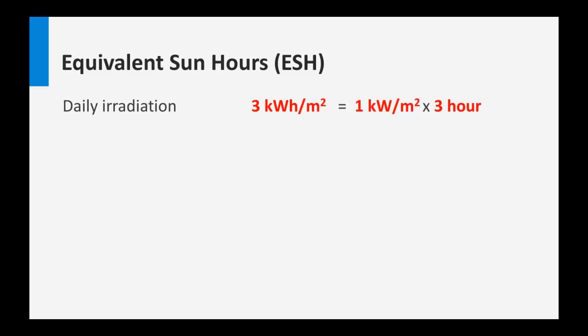So the power is, if we consider again standard test conditions, 1000 watts per square meter or 1 kilowatt per square meter, times 3 hours. So to have this daily irradiation, we need 3 hours of standard test conditions incident on a surface. This is equal to 3 equivalent sun hours.